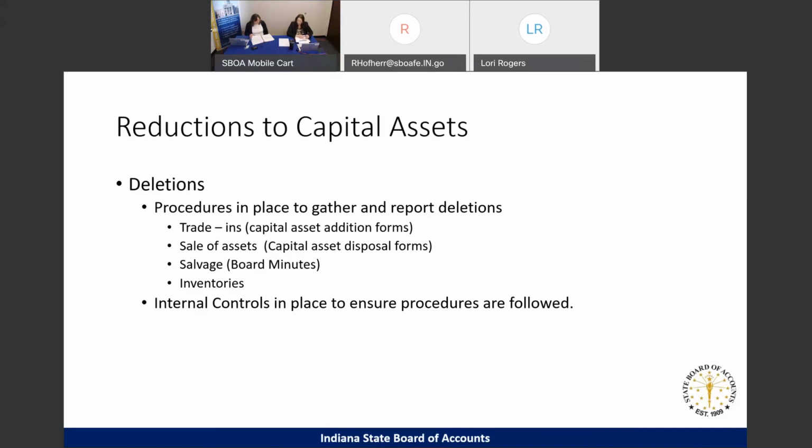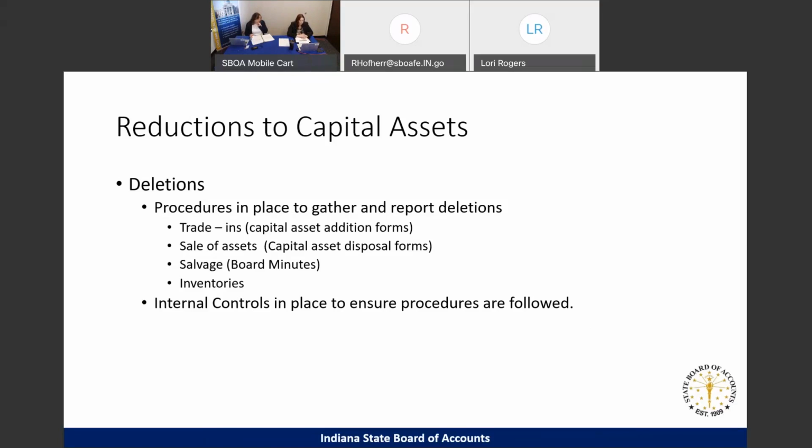So you need to have some procedures in place to make sure that you're picking up when assets are sold at auction or salvaged. Hopefully there's a listing provided to your board for them to declare them salvaged. So your board minutes may have at least a report that the department is going to have an auction to sell some items at salvage, and you may be able to get a detailed listing at that point.